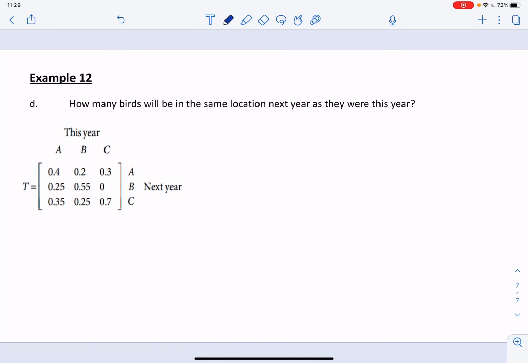Part D, how many birds will be in the same location next year as they were this year? That means birds in location A will stay in A, birds in location B will stay in B, birds in location C will stay in C. Following the same format as part C, A going to A is going to be 40%.